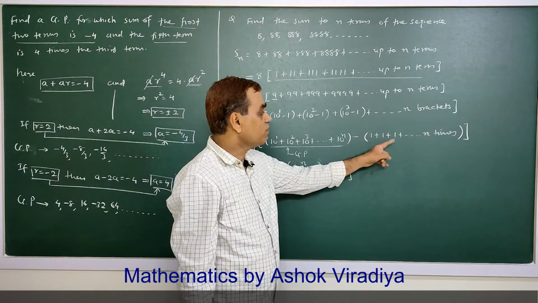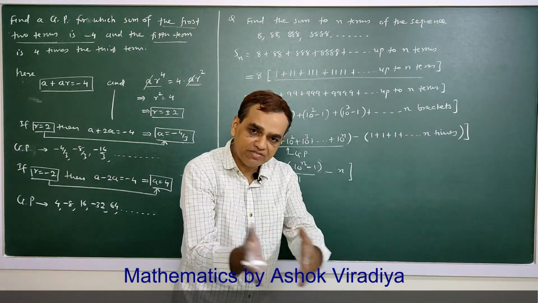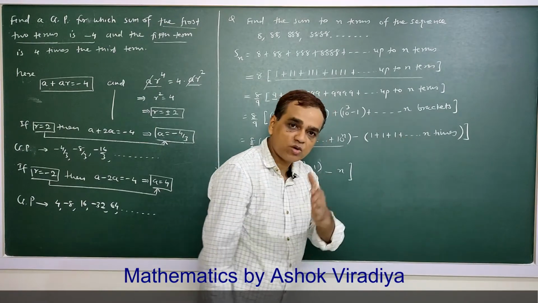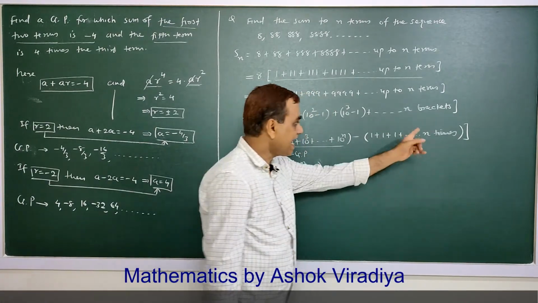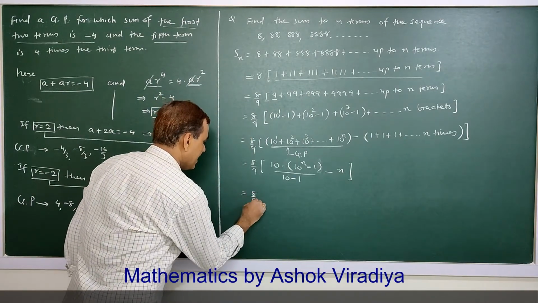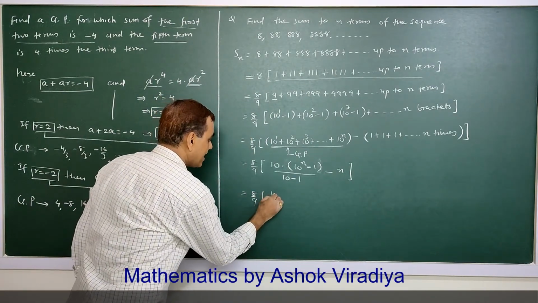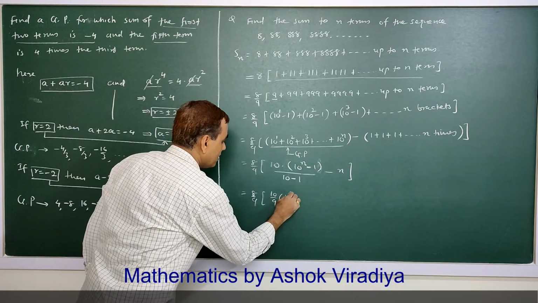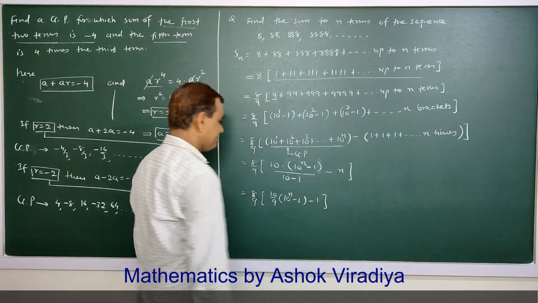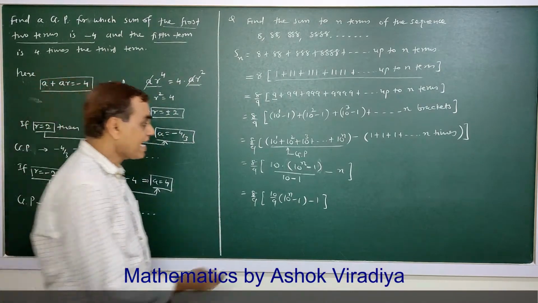If here 1 plus 1 plus 1 is 50 times, total is 50. If you write 1 plus 1 plus 1 20 times, total is 20. This is n times, so total is n. So this is 8 by 9, here 10 by 9 into 10 raised to n minus 1, minus 1, minus n.